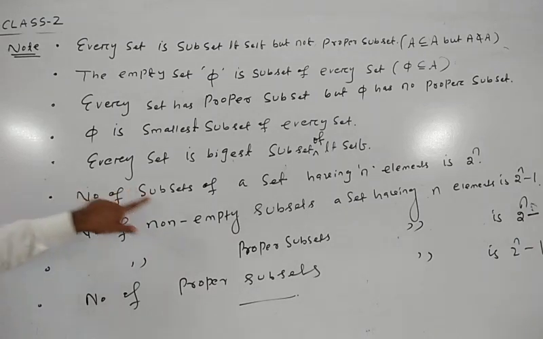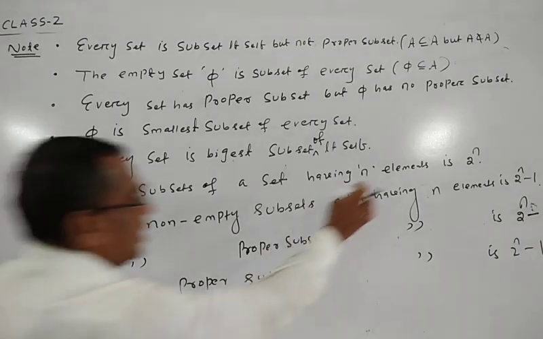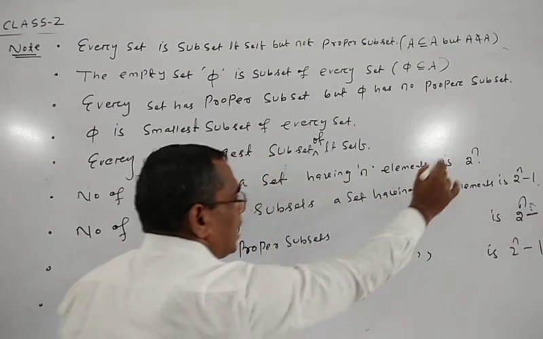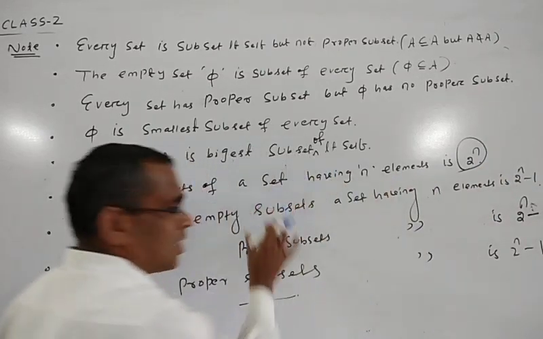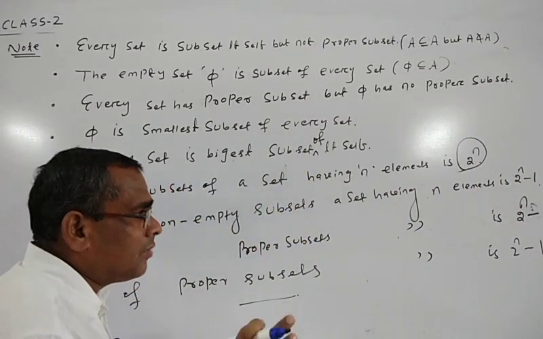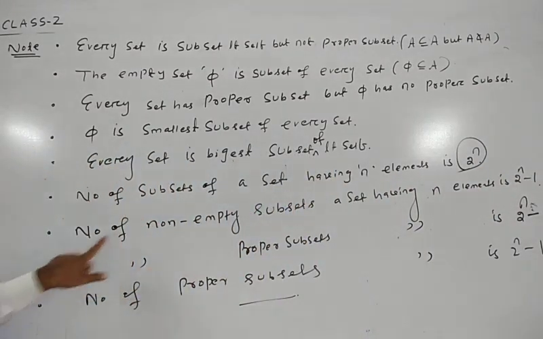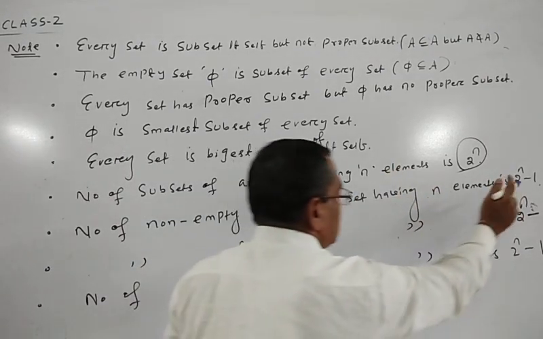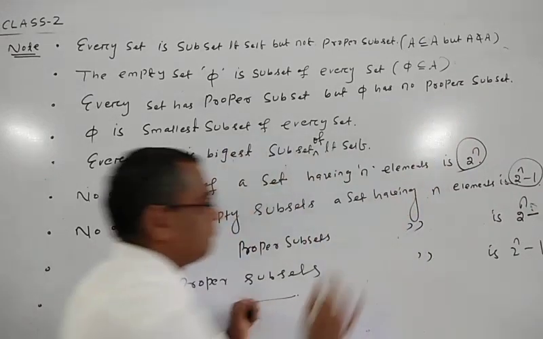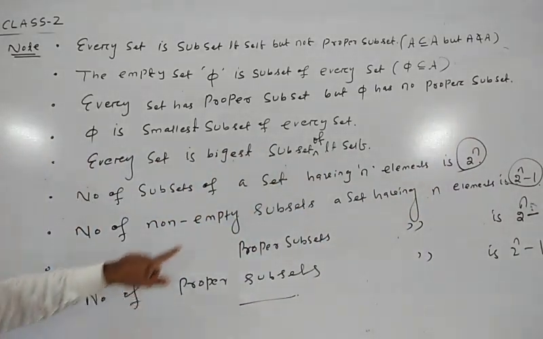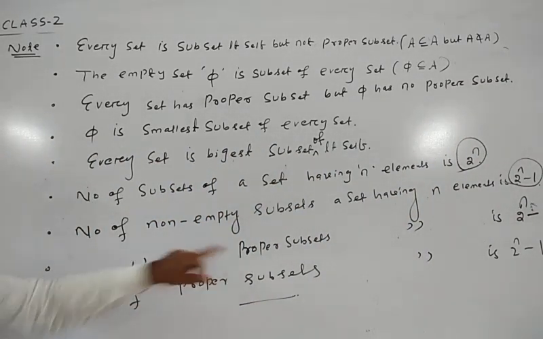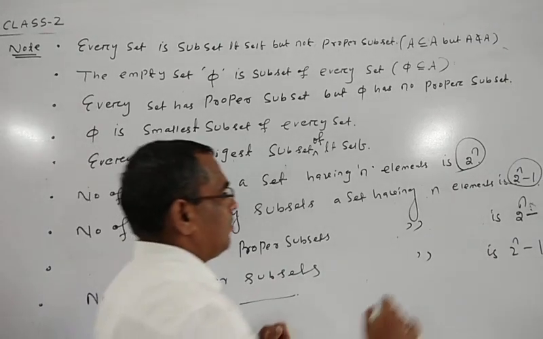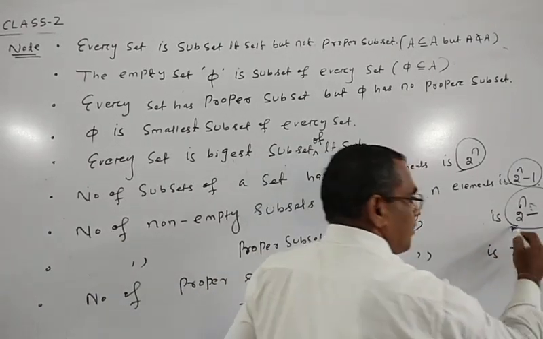Number of subsets of a set having n elements is 2 to the power n. Number of non-empty subsets of a set having n elements is 2 to the power n minus 1. Number of non-empty proper subsets of a set having n elements is 2 to the power n minus 2.